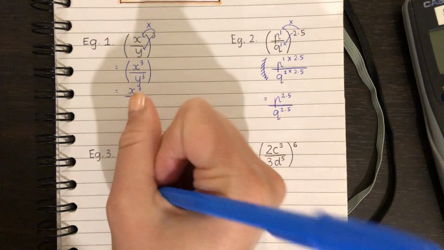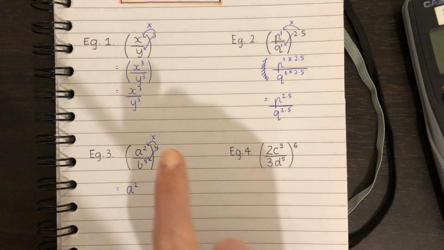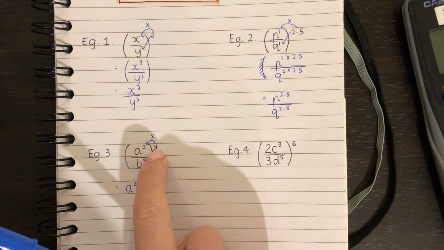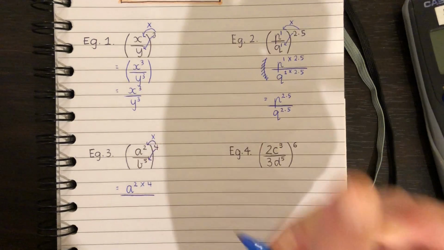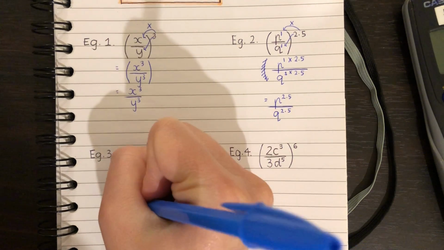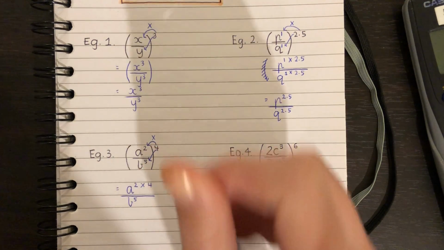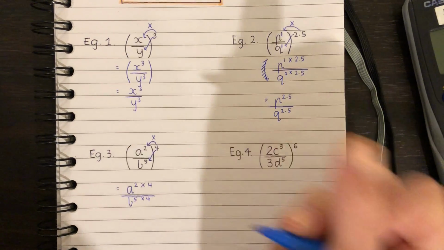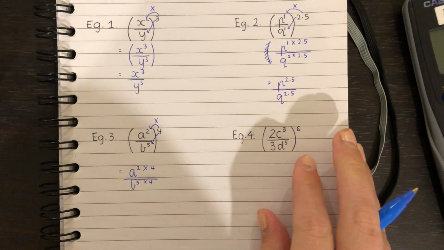So you get a to the power of 2 times 4 divided by b to the power of 5 times 4.